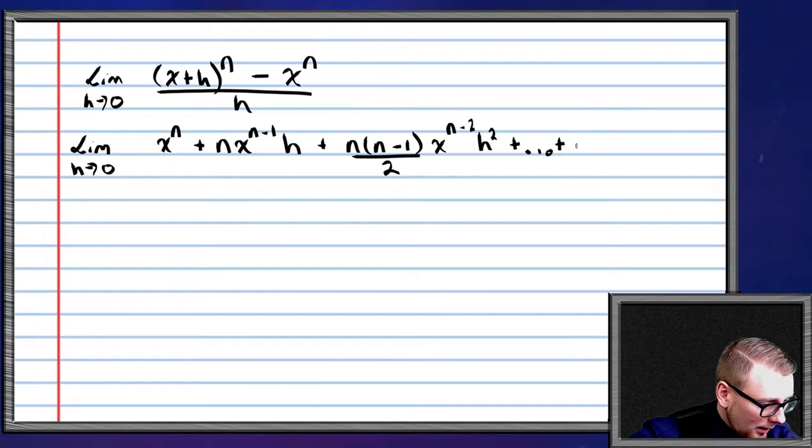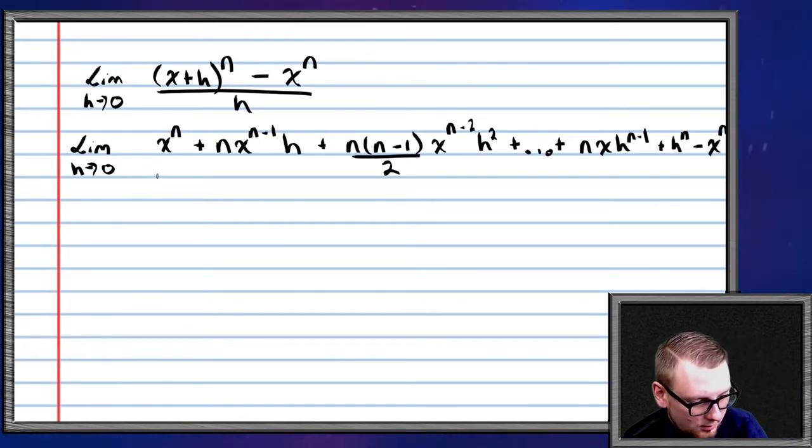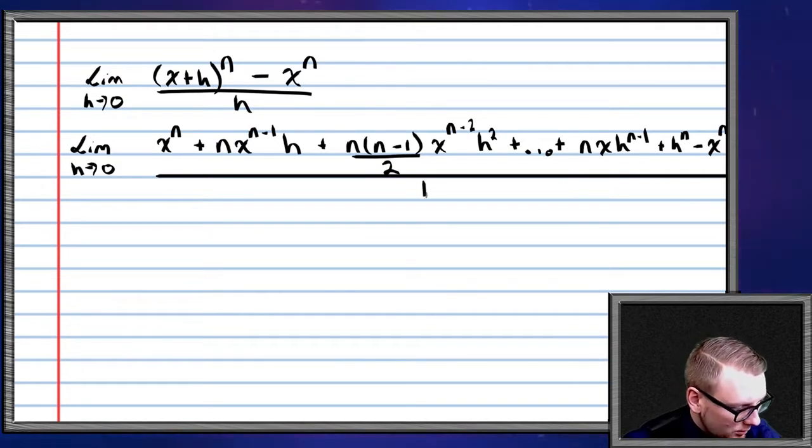Then we will have n x h to the n minus 1 plus h to the n, and then we still have minus x to the n, and this is all over h.